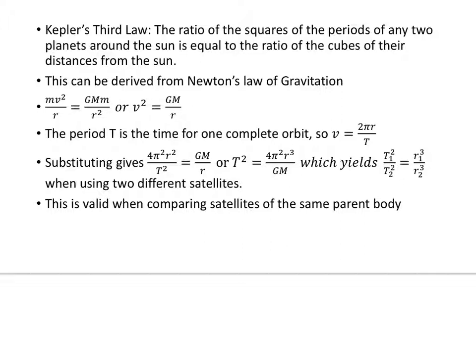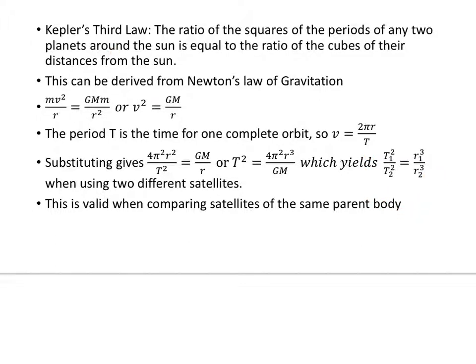If we divide T1 squared by T2 squared for the two different planets, and on the other side of the equation divide this term for planet 1 by a similar term for planet 2, the constants would cancel, which are the 4 pi squared and the GM, which would leave us with this formula, which is exactly a mathematical statement of Kepler's third law.